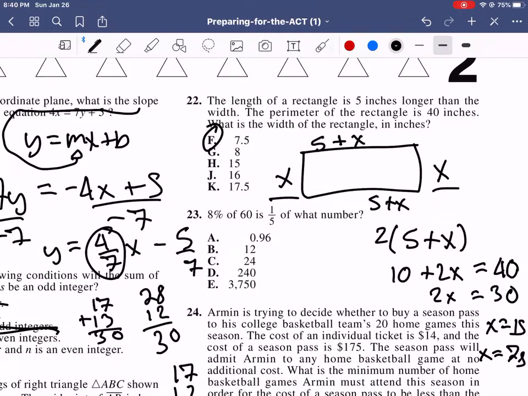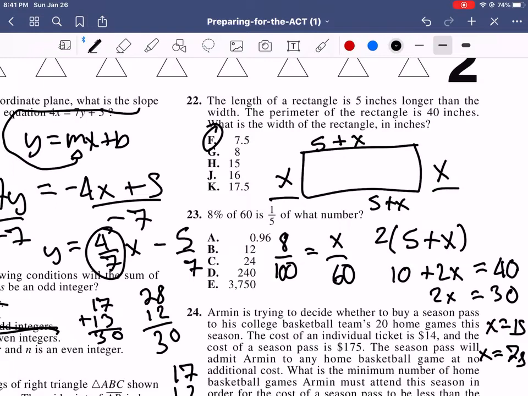8% of 60 is 1/5 of what number? So first you're going to have to use the crisscross method. 8 over 100, because it's 8%, equals x over 60. You multiply 8 by 60, set it equal to 100x.